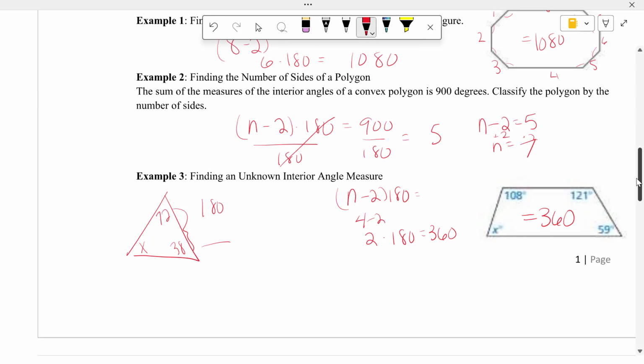So all I need to do is add up these and take them away from 360. We're going to take away everything we already know to find out what we need. So what's left over? Just like spending your cash. So we've got 360 minus 108 minus 121 minus 59. And that's going to equal 72. So that would tell us this degree measure is 72 degrees.